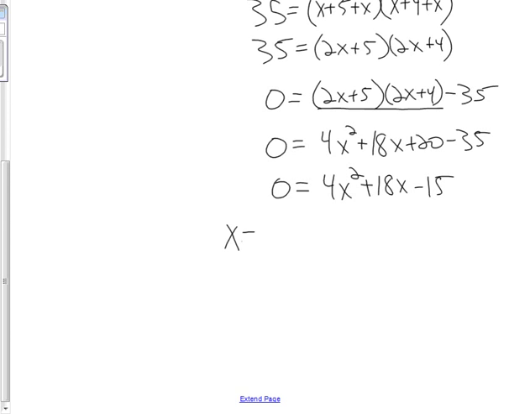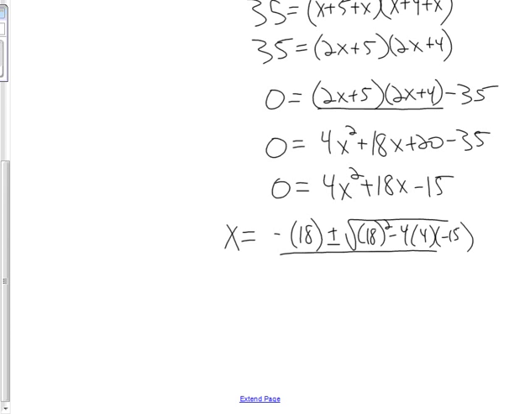So if we do that, it'd be x equals negative b plus or minus the square root of b squared minus 4ac, all over 2a. All right, I've done all this work, so I've calculated this, and it ends up being negative 5.22 and 0.72.